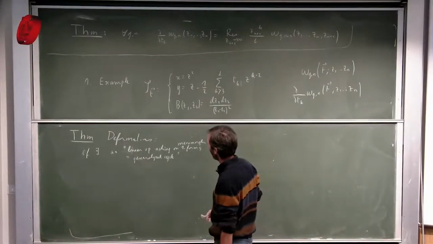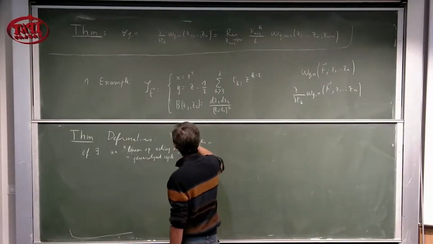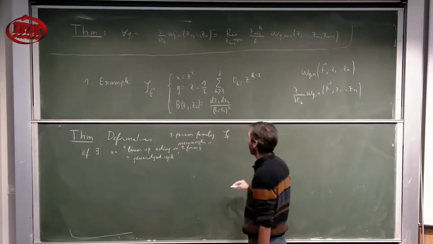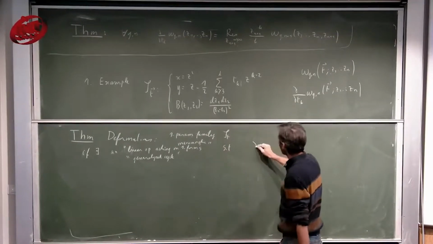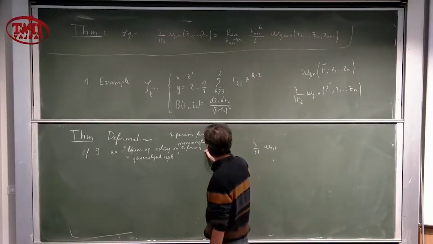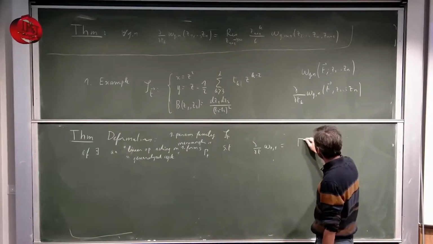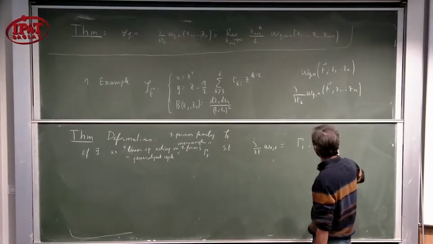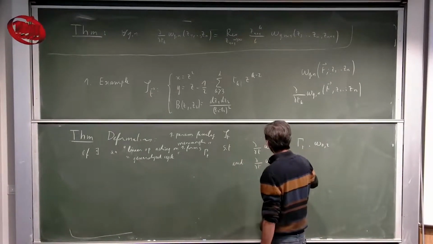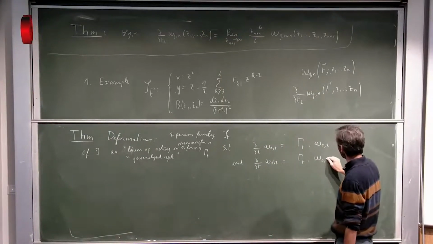Let's say we have a one parameter family, with t, such that, let me call this operator gamma t, d over dt of omega 01 is gamma t acting on omega 02, and d over dt of omega 02 is gamma t acting on omega 03.